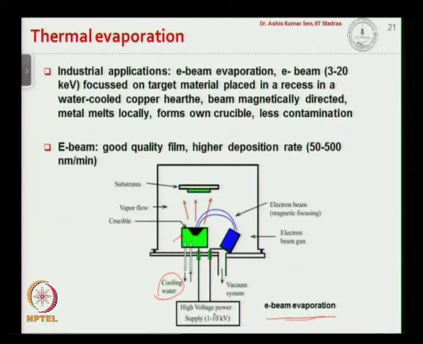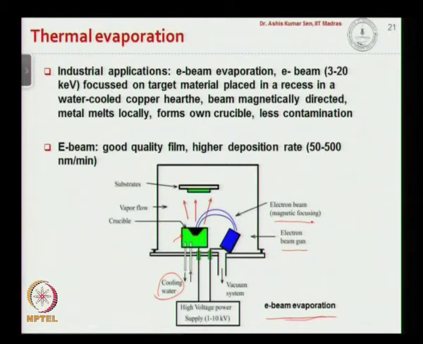Here we would have a high voltage power supply connecting to the crucible as well as to an electron beam gun. So a high energy electron beam will be generated using high power, high voltage, and these electron beams can be directed towards the metal present on the crucible using a magnetic field.